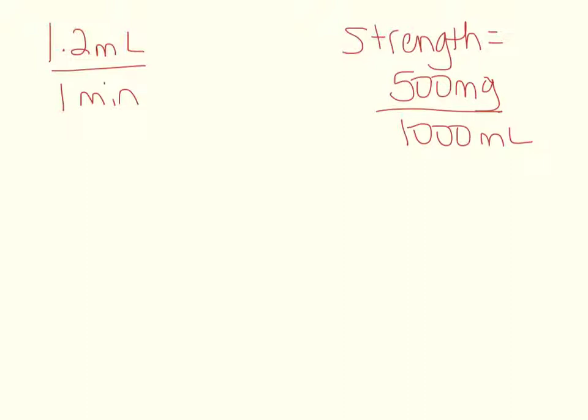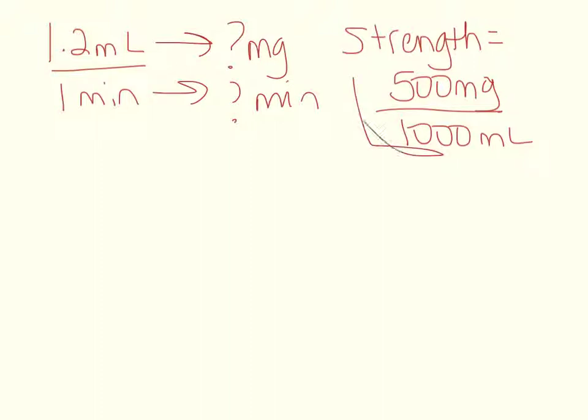So we still haven't answered the question. We've only converted drops to milliliters, and so we're still asking, exactly how many milligrams are in 1.2 milliliters over the same amount of time. So now we're going to use the strength unit fraction to cancel out the milliliters. We're no longer interested in that.